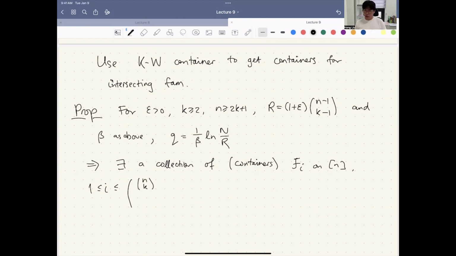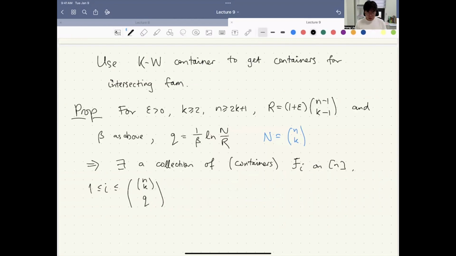The number of fingerprints is capital N. Oh, I forgot to say what's capital N here. It's the number of vertices in the Kneser graph. So capital N choose Q, the size of the fingerprint.